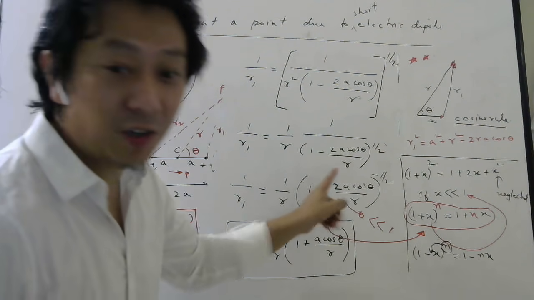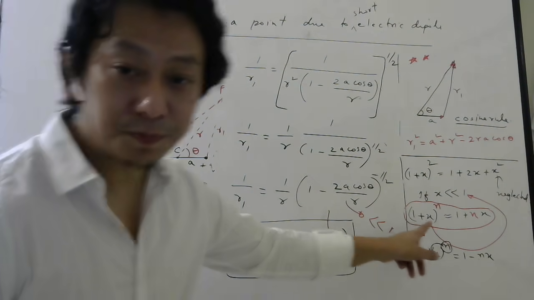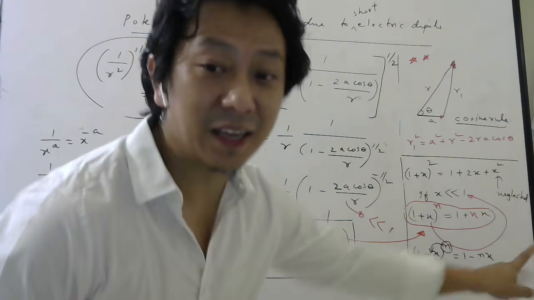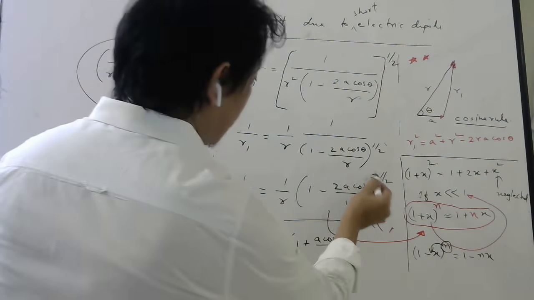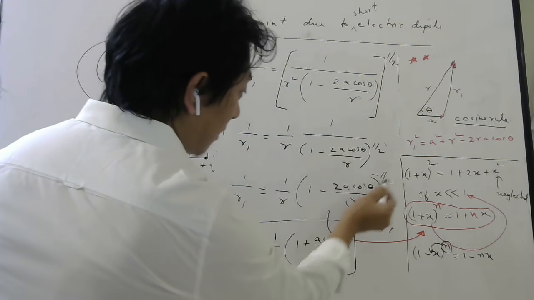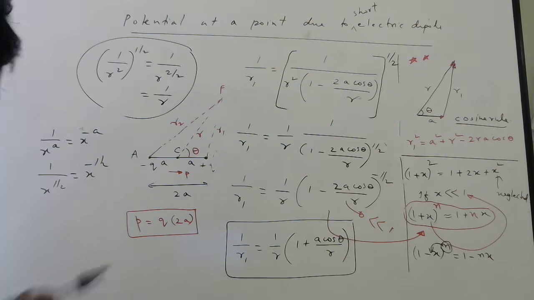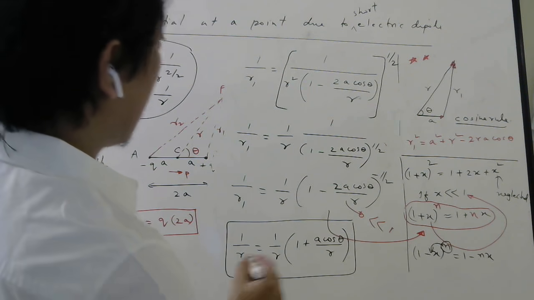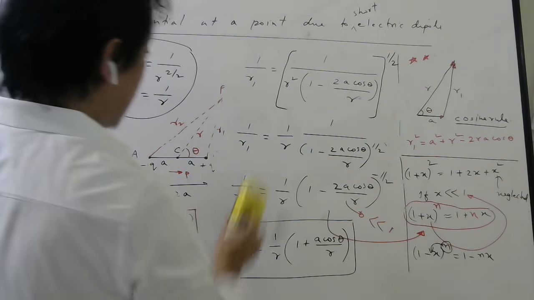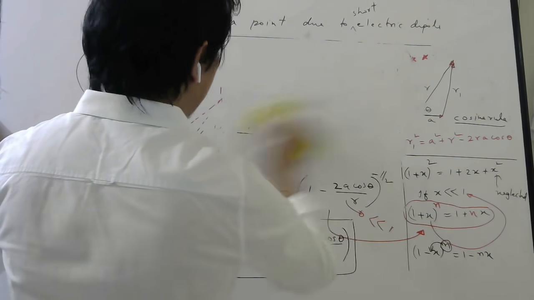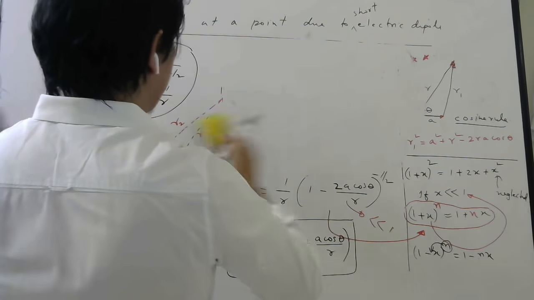And if this is small, you can use the binomial result, which says 1 plus x power n will be 1 plus nx. So this minus half you can multiply with this quantity. Minus minus will be plus, 2 and this half will cancel. Okay. Now if you repeat for r2, 1 by r2, no need to do that in detail.